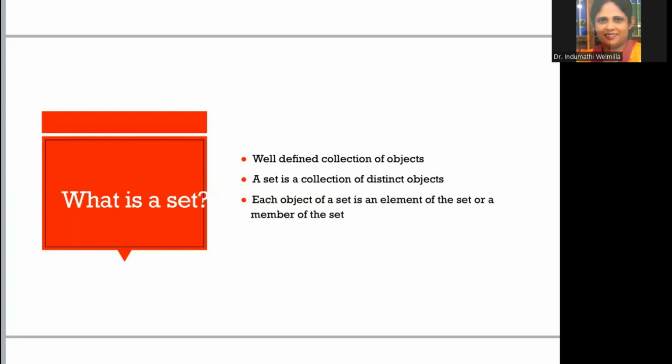A very simple example of a set would be like this. I'll show you. Set A equal to, these are the open brackets, and this is an example.